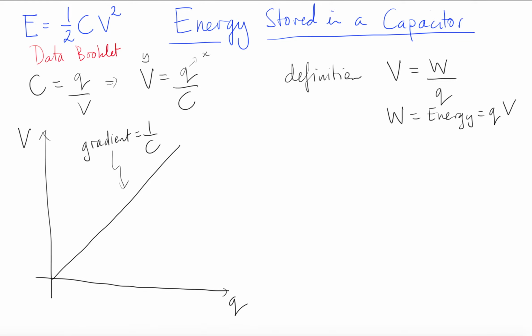Now, if we look at this graph here, I have potential against charge. The quantity of area under this graph is basically the potential times the charge, which is basically the energy stored in that capacitor for any charge Q.